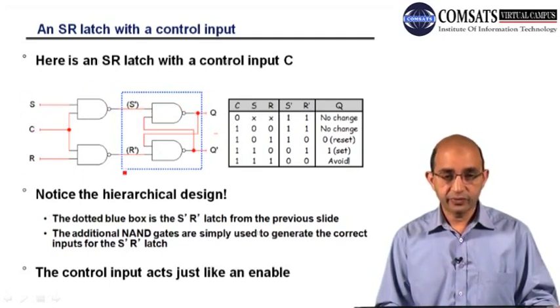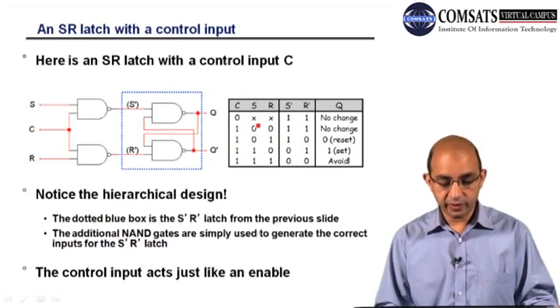We have introduced this circuitry in order to have this control signal. Here you can see that we have control 0. Irrespective of the values of X, S and R, no change. Here we have control 1, on 0 0, no change.